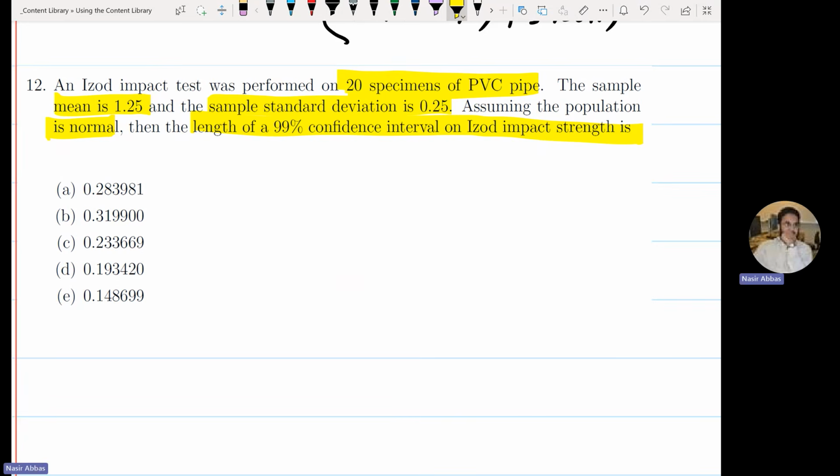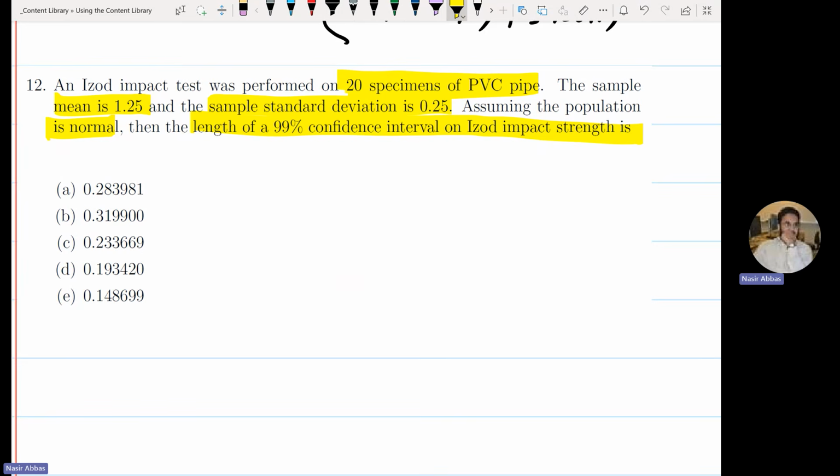Is it asking you for the mean or proportion? The question is about the mean.